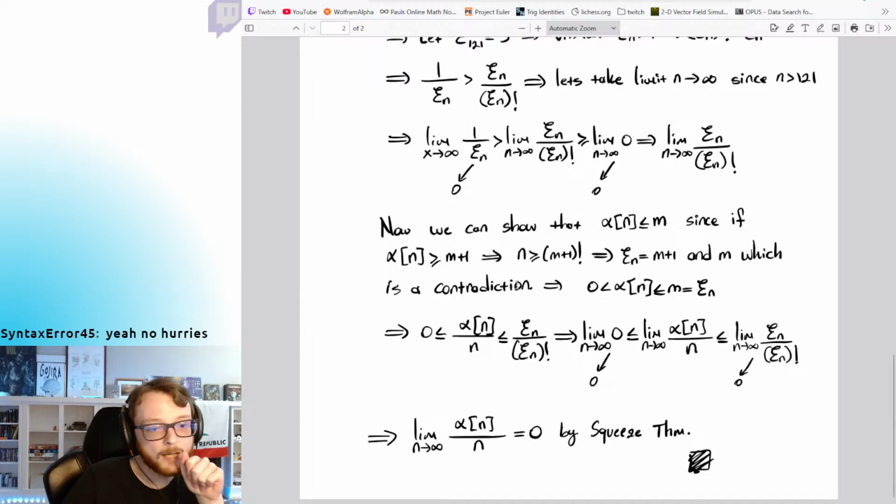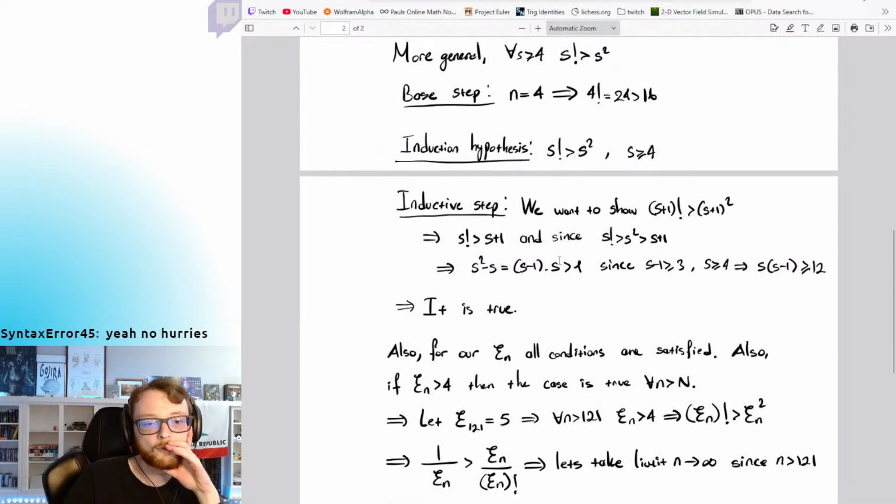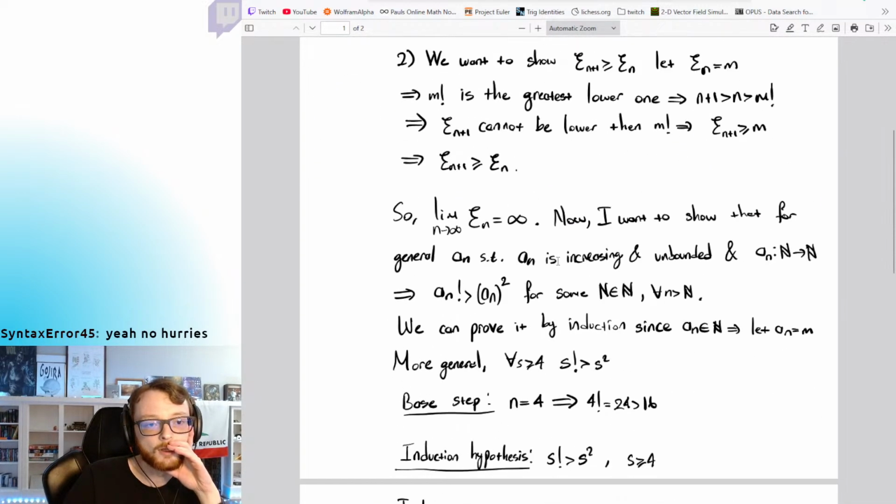Okay, so alpha of n counts the distinct prime divisors of a given number n. How do n and m compare? Oh, m is the output of the function. Okay, yeah.